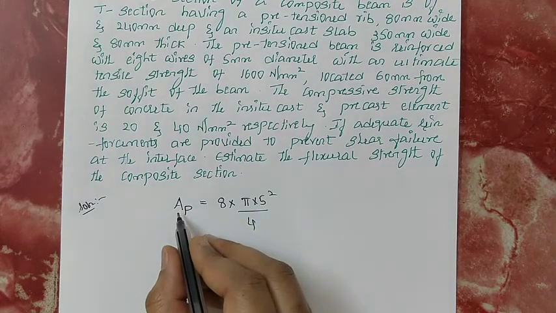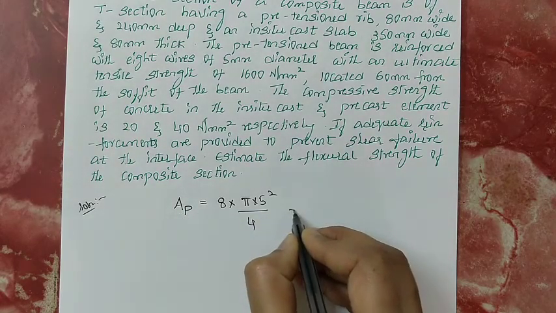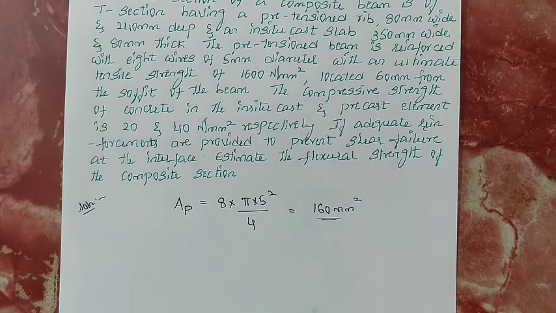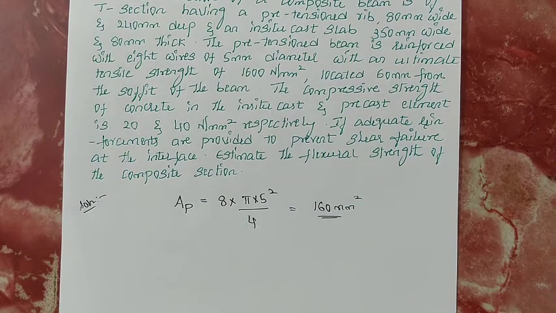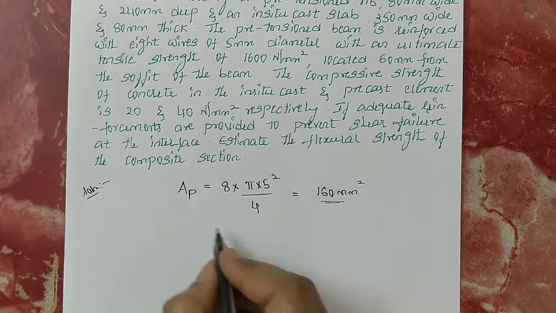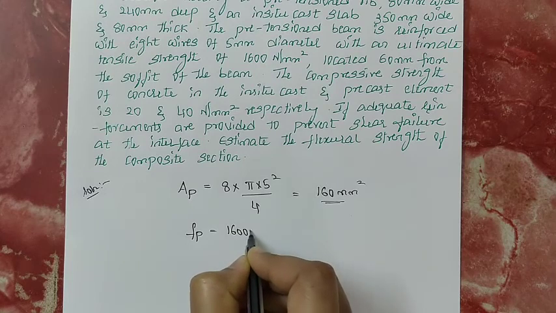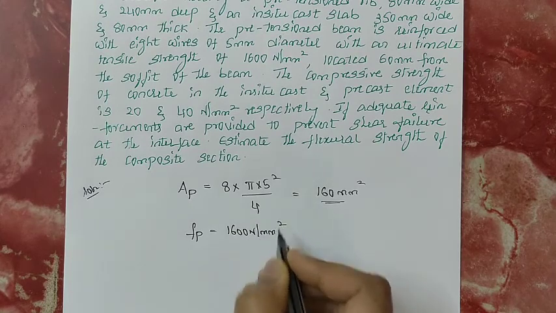Calculate the area of the pre-tensioning cable. You will get it as 160 mm square. Next, they have given the ultimate tensile strength. It is denoted by FP, that is 1600 Newton per mm square.